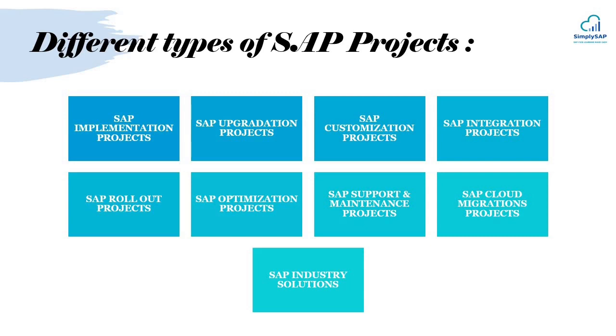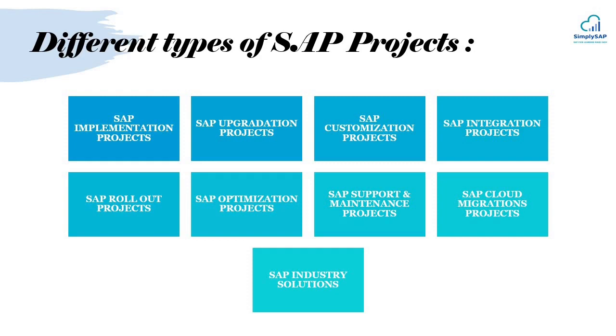Now let's look at the next SAP project, that is the SAP rollout project. A rollout project involves deploying SAP software to additional locations or business units within an organization. This typically follows a successful implementation at a pilot site and involves replicating the solution to other sites with necessary local adaptations.